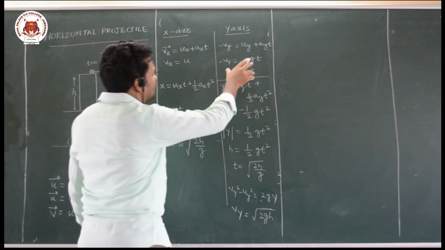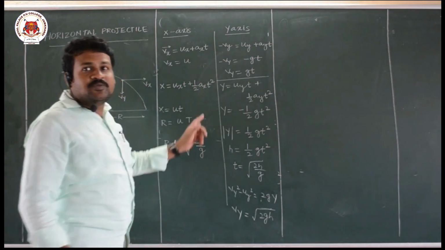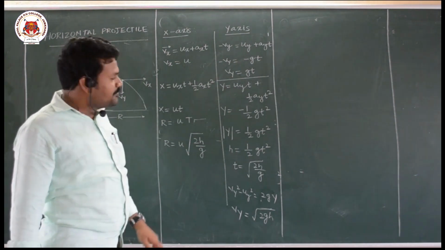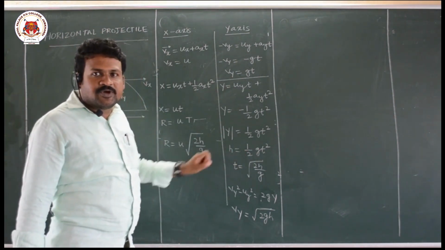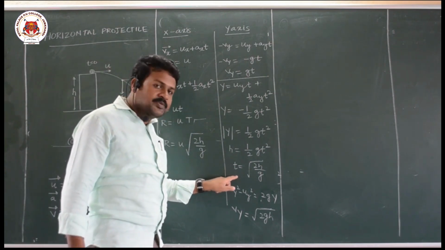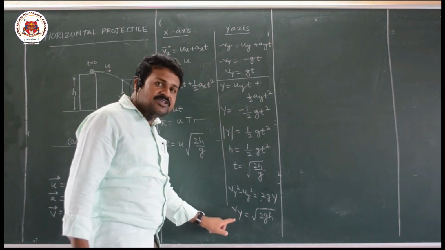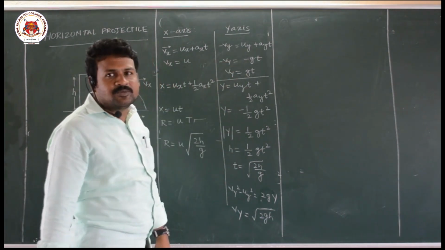But in y, v is equal to gt, h is equal to half gt square, time of descent is under root of 2h by g, and velocity on reaching ground is under root of 2gh. These are all the formulas of a freely falling body.